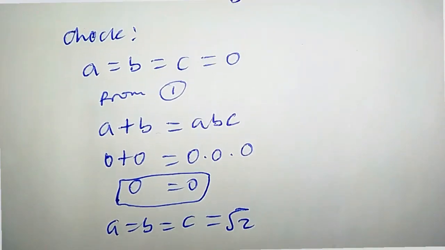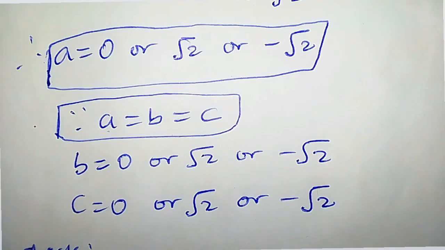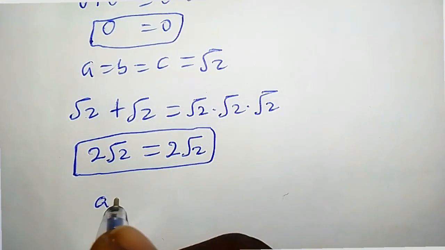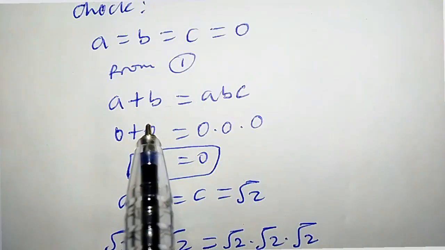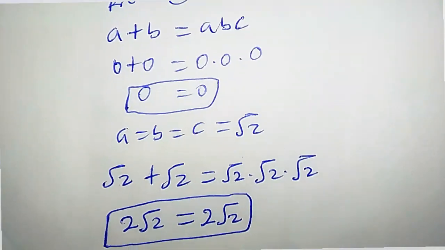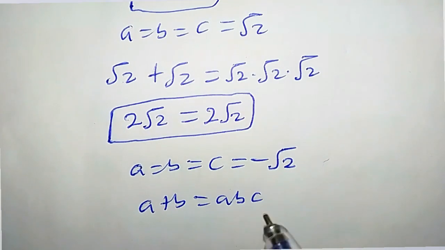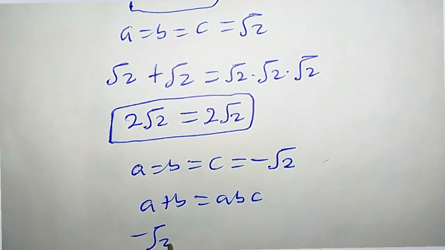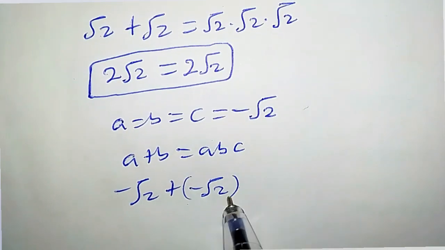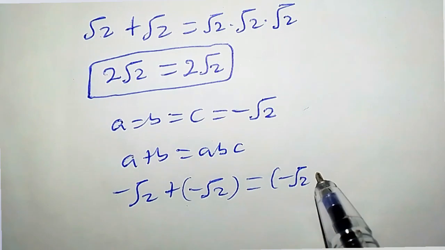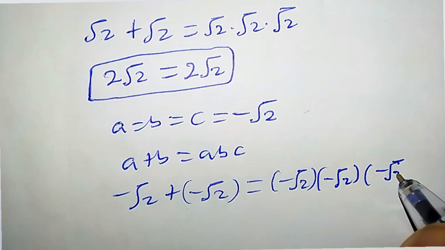Let's check for the third values. When a is equal to negative root 2, b is equal to negative root 2, and c is equal to negative root 2. Using this same equation 1, a plus b equals abc. Negative root 2 plus negative root 2 equals negative root 2 times negative root 2 times negative root 2.